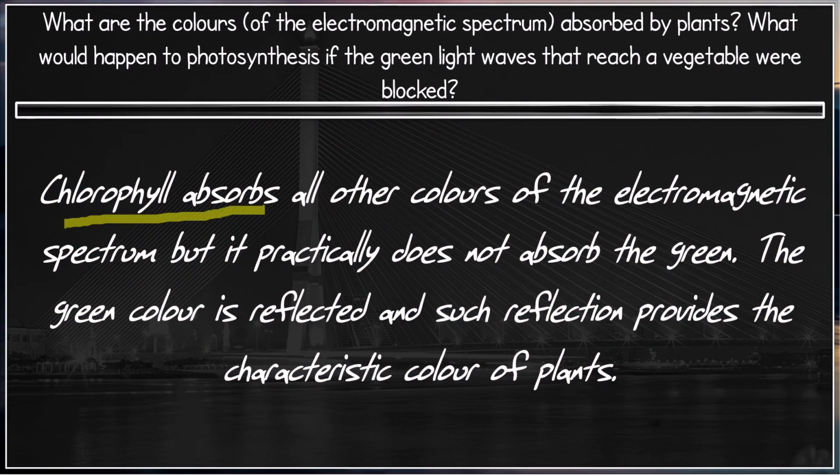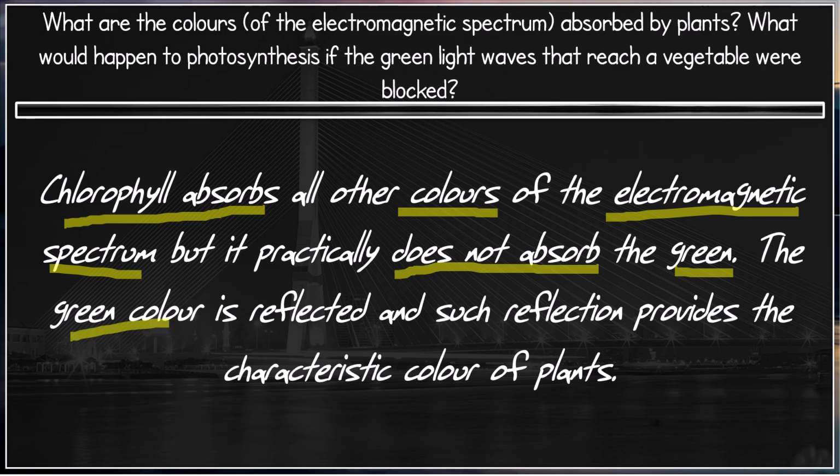Chlorophyll absorbs all other colors of the electromagnetic spectrum, but it practically does not absorb green. The green color is reflected, and such reflection provides the characteristic color of the plants.